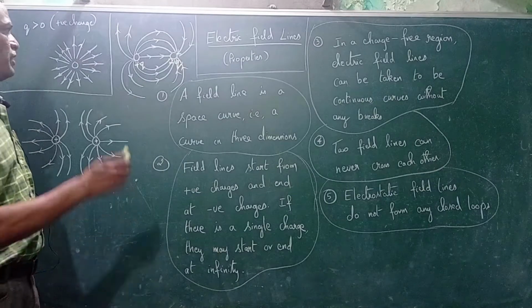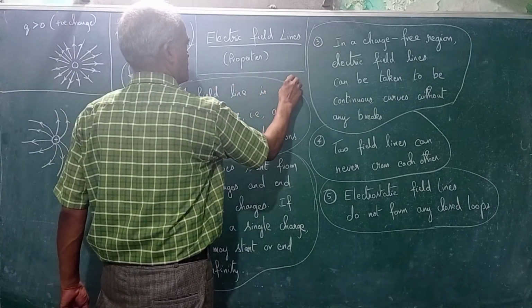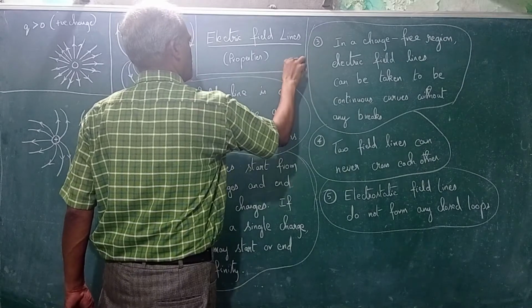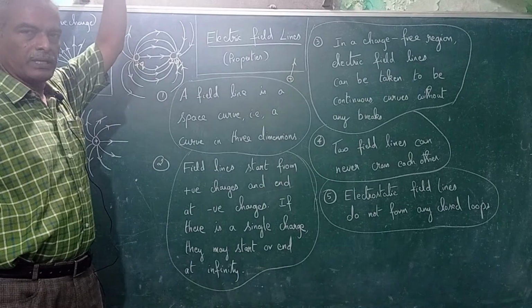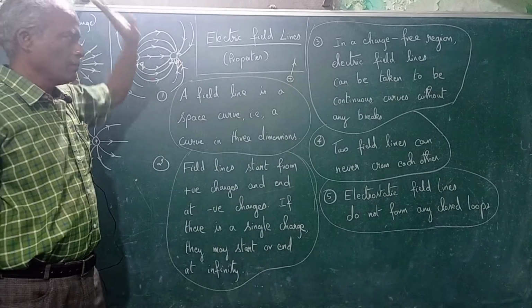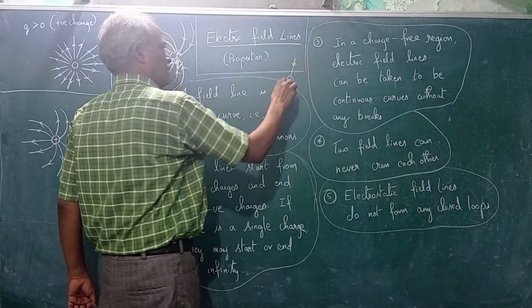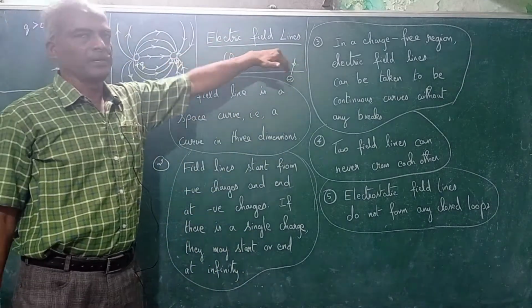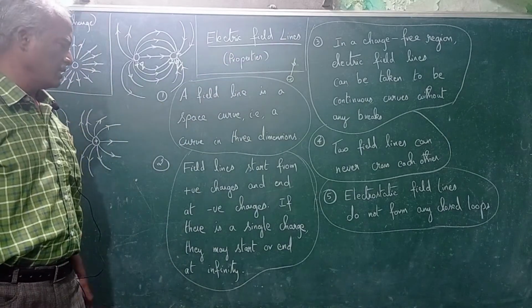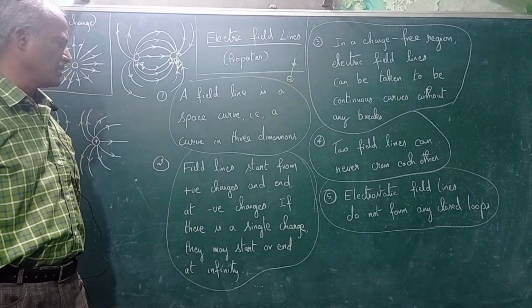That means if you have only one positive charge, the field is going to be outward and it ends up at infinity. Suppose you have a negative charge, it starts from infinity and ends up here, that is the direction.